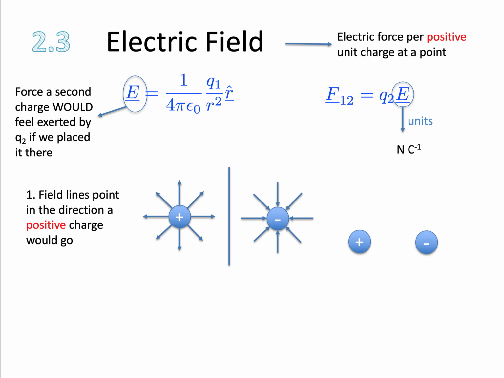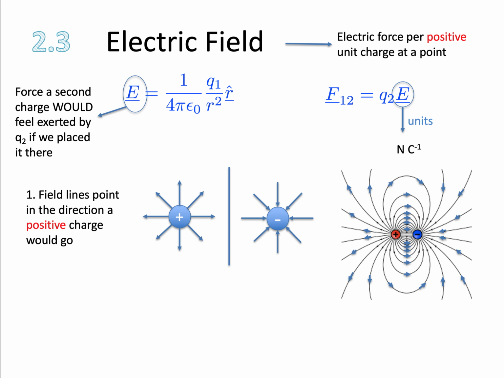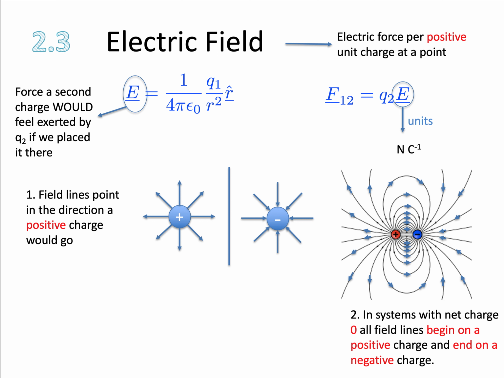So the field lines around this pair of charges would look like this. So all the field lines begin on a positive charge and end on a negative charge. And that is the case with all systems with net charge of 0. So when all of the charges add up to a total of 0.